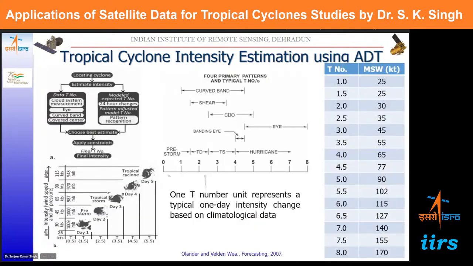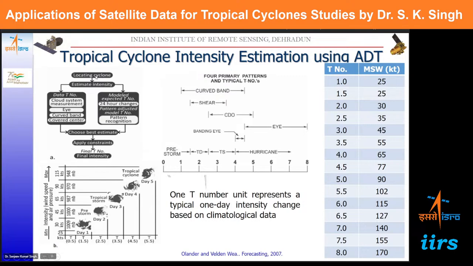So how this scheme works, I am going to explain. This is the flow chart of that scheme. First, they have taken the IR image data. They first located the cyclone center.